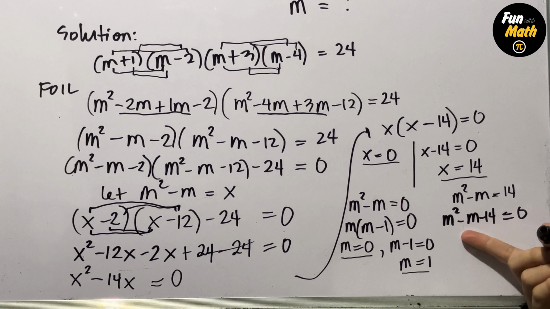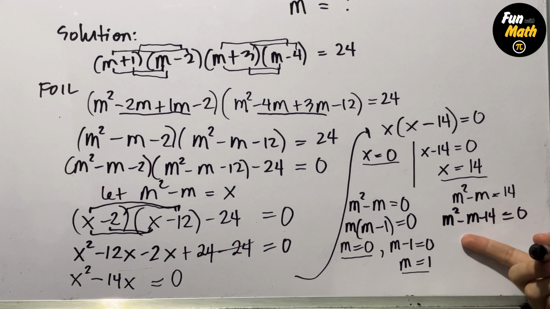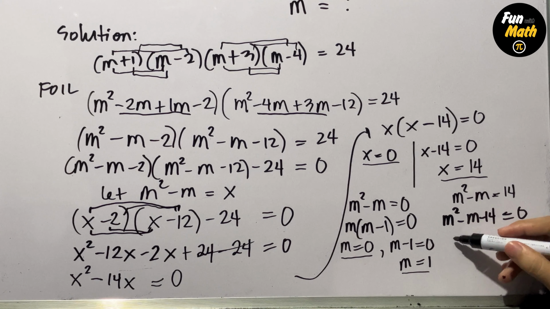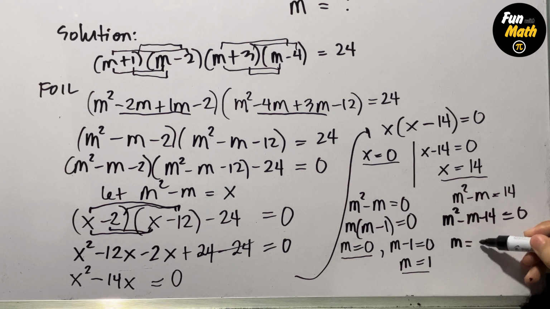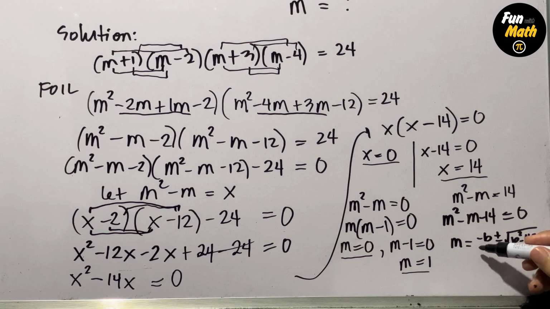And if you observe, this is in a degree of 2, and this is a quadratic equation. Now, to get the values or the roots of m, we need to use the quadratic formula. That is, m is equal to negative b, positive negative, square root of b squared minus 4ac over 2a.